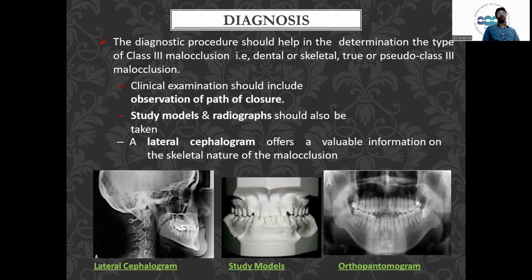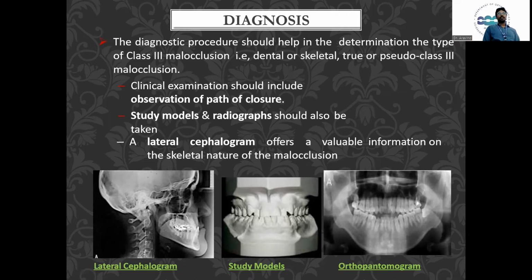Coming to the diagnosis of class 3 malocclusion. All the diagnostic procedures should help in determining the type of malocclusion: whether it is dental or skeletal, or a true or pseudo class 3 malocclusion.